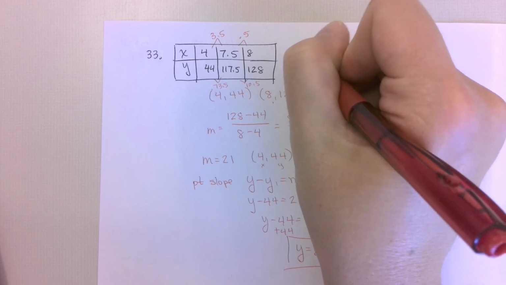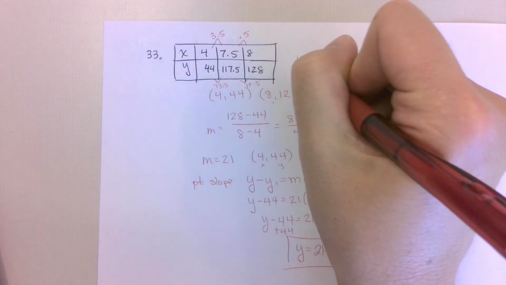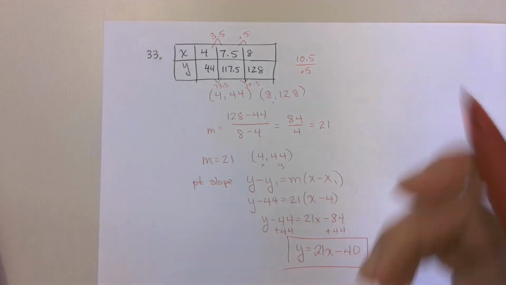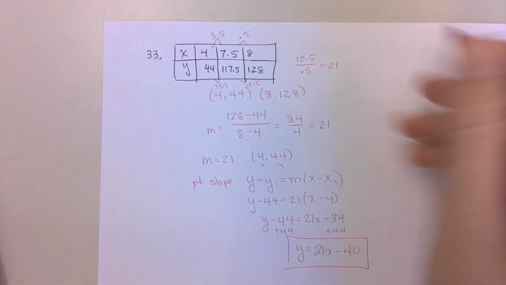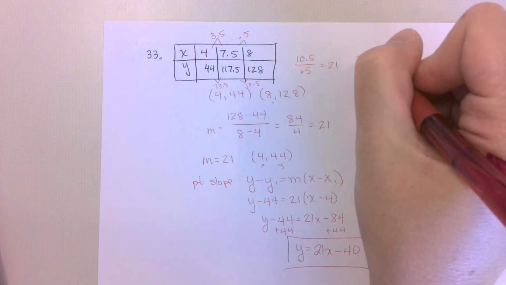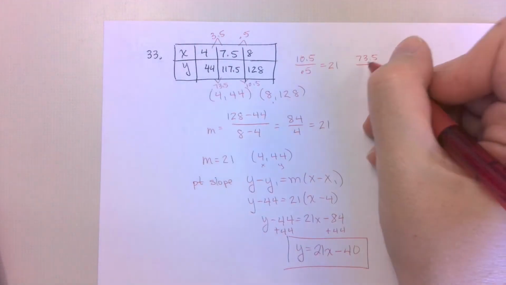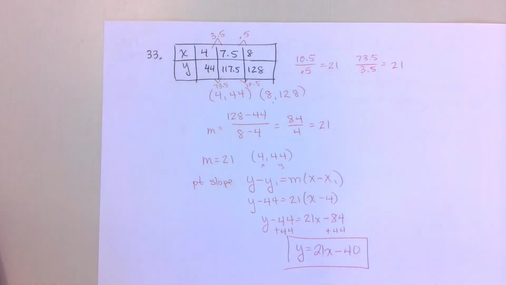If I take the ratio of 10.5, the change in y, over 0.5, I divide that out and end up getting 21. If I take 73.5, the change in these y's over the change in these x's, and divide them out, I will also get a nice even 21.